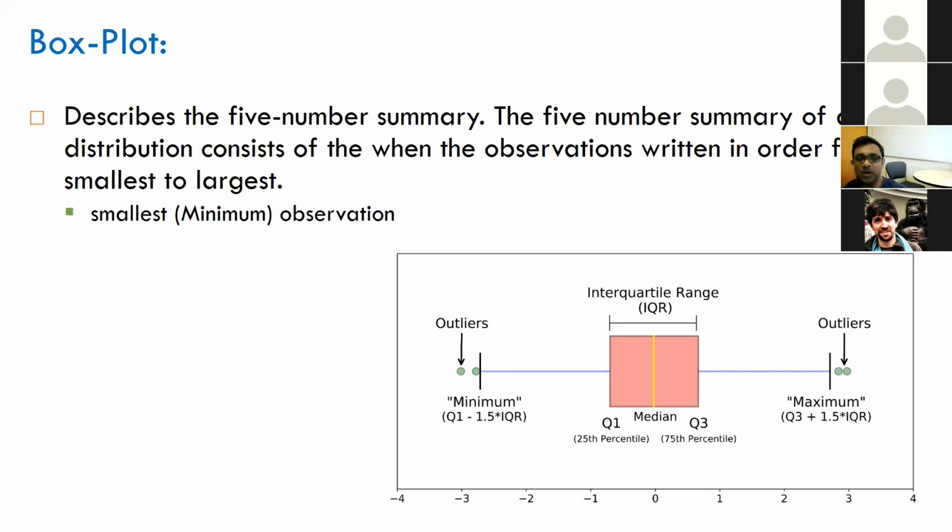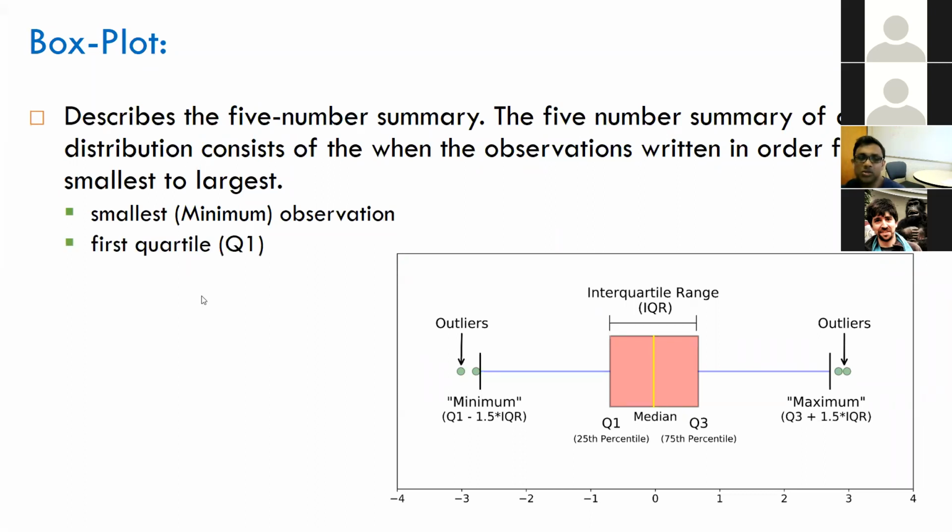So once you divide your data, the first 25% is called Q1, the 50% of your data is called Q2. We don't usually call it Q2, we call it the median, the middle value. And then the 75% of your data is called Q3, right? And then in a box plot, you have minimum and maximum lines. And after these lines, in the minimum region or maximum region, you have outliers.